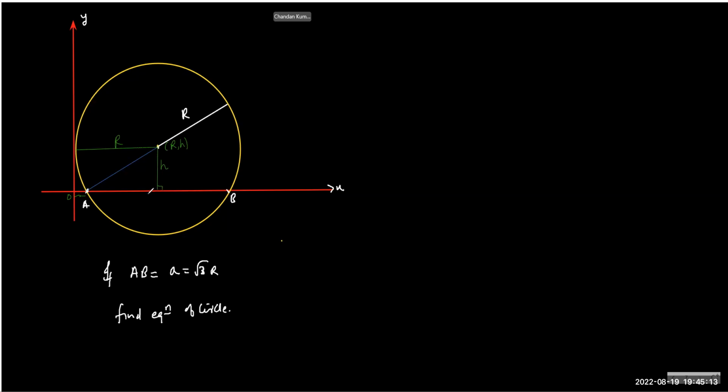And once you draw this, you can clearly see it's a right angle triangle in which this length is always R, because that's radius. And because AB is given as A, this is A by 2. Given the R and A by 2, can you find the H using Pythagoras? So using Pythagoras, what can you write?